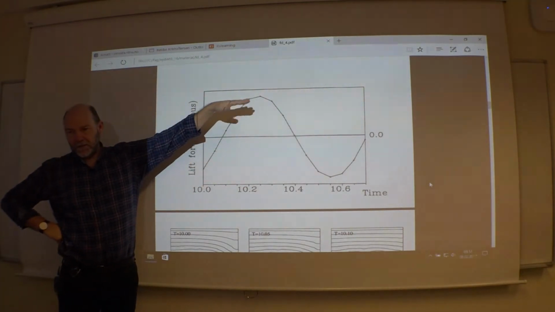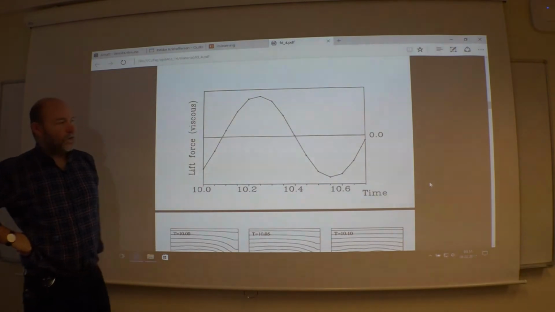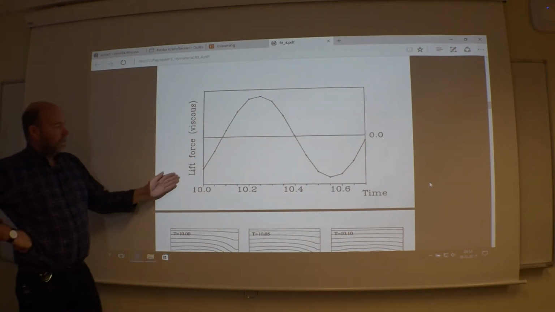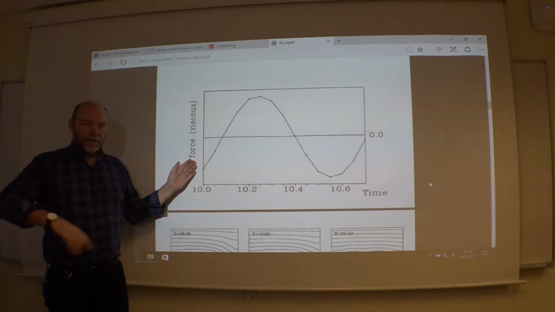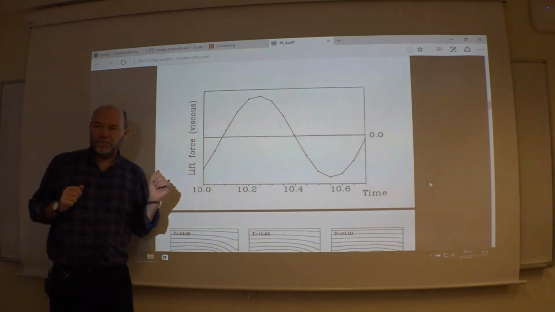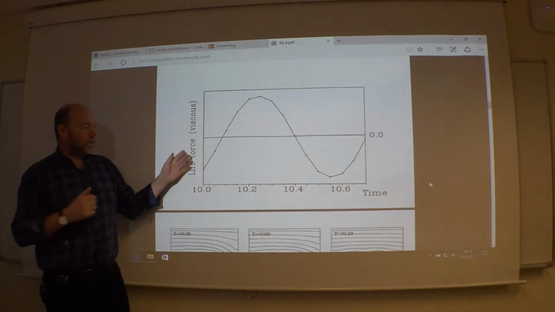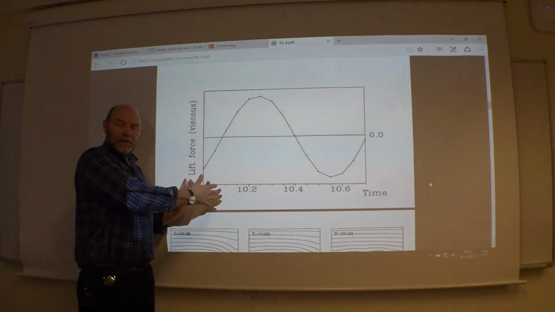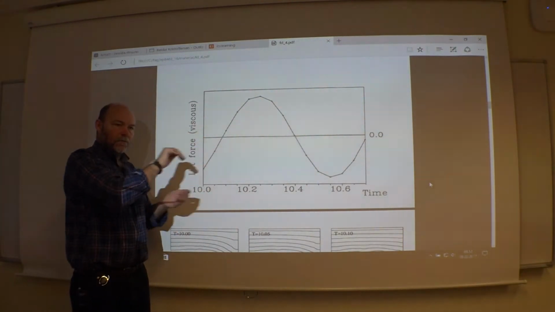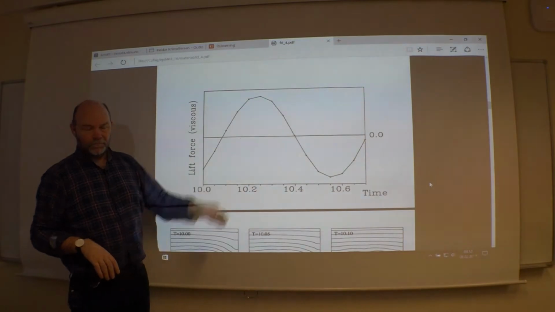Then you have a steady situation for these vortices. If you had plotted the drag force, he would be twice as fast. Frequency will be doubled. Remember, the lift force will turn alternately up and down, but the drag will go the same way. So he will be twice as fast.